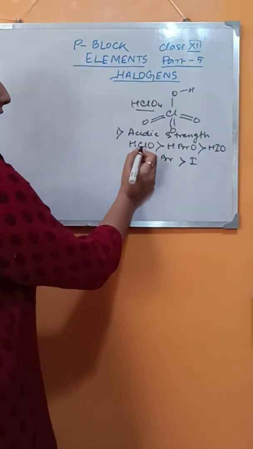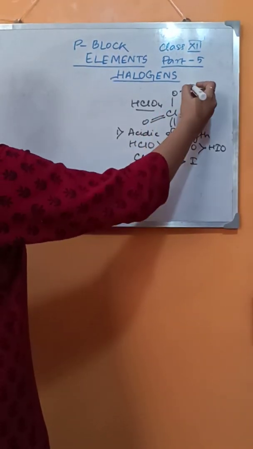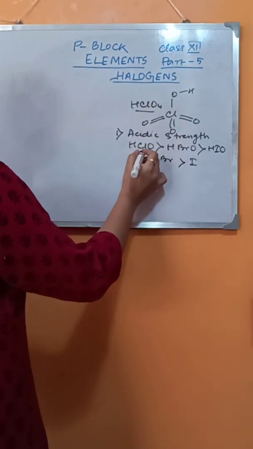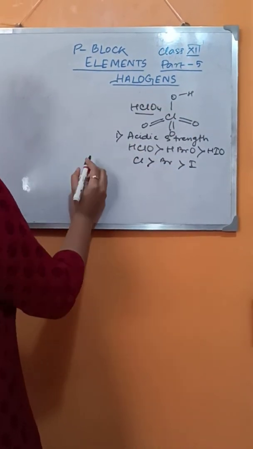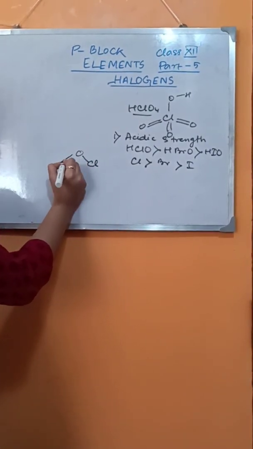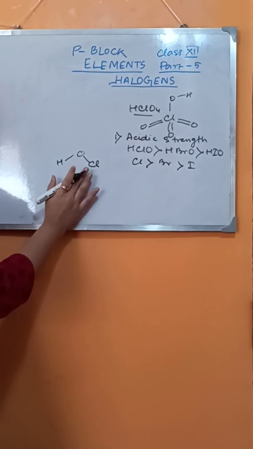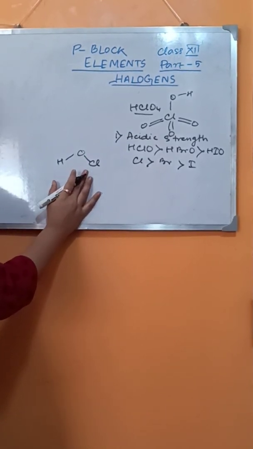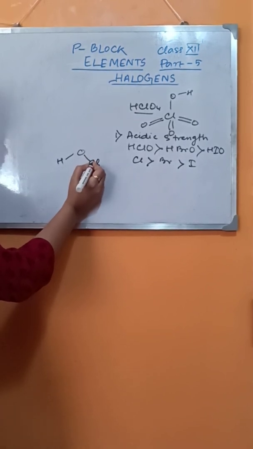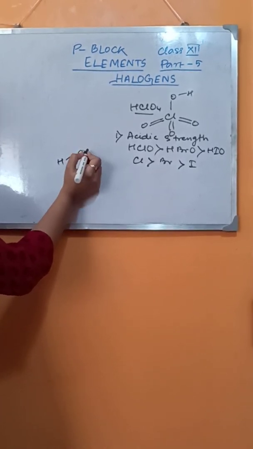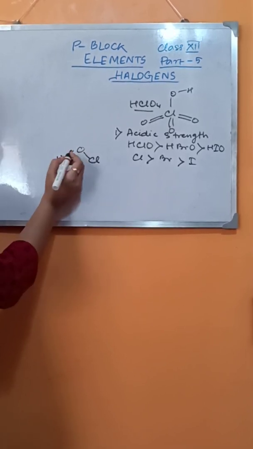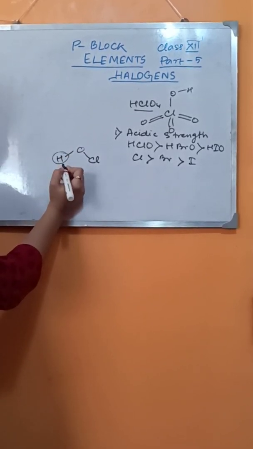So chlorine will easily attract the electrons from the oxygen. See, this is hypochlorous acid here. If the electronegativity of chlorine is more, what will it do? It will easily pull the electron cloud from oxygen. As a result, H plus will be easily ionized.